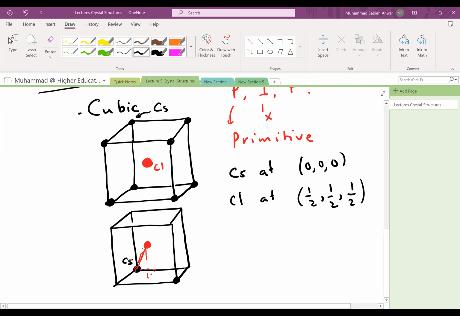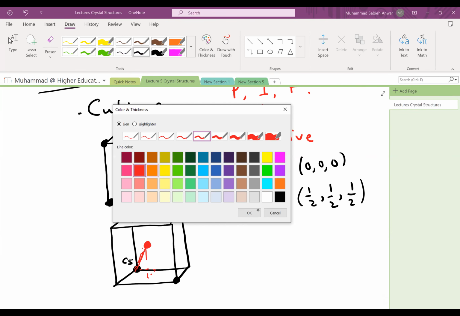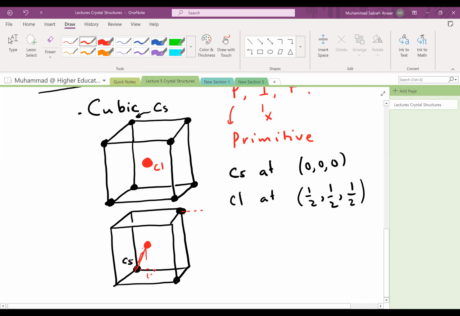Say I were to take this point. I would take any vertex whatsoever and put a cesium at that point and a chlorine atom, which makes a vector 1 half A plus 1 half B plus 1 half C with respect to that lattice point.